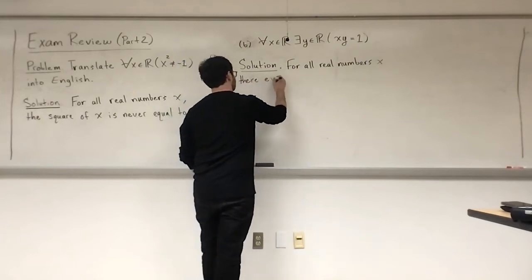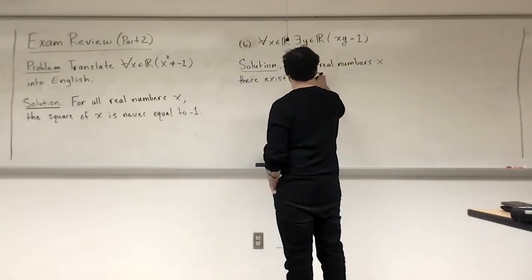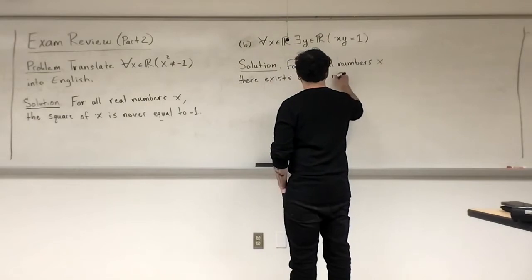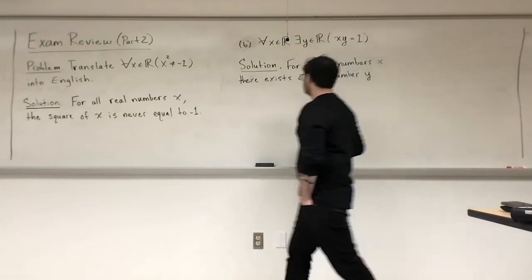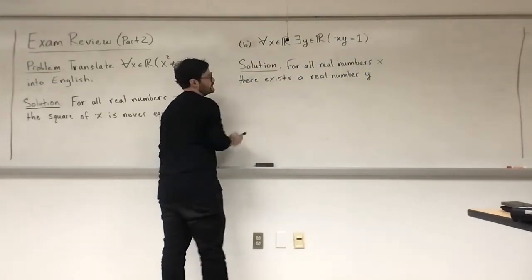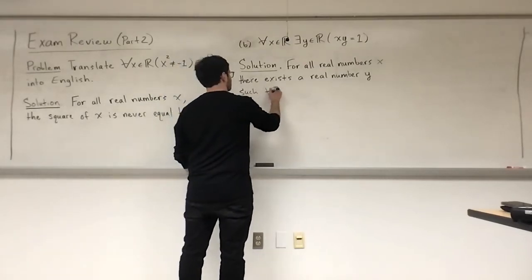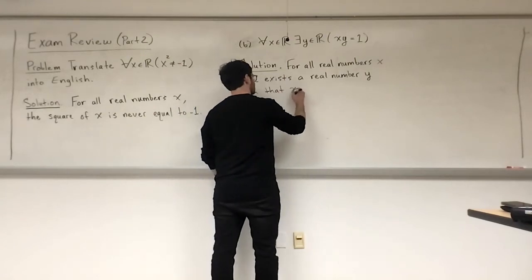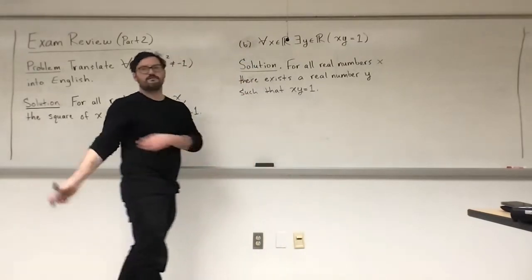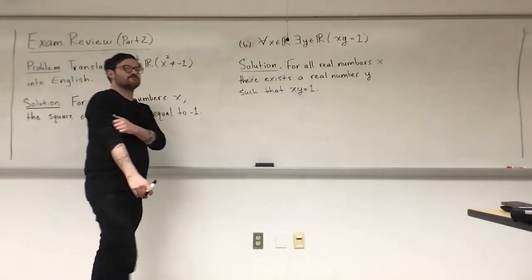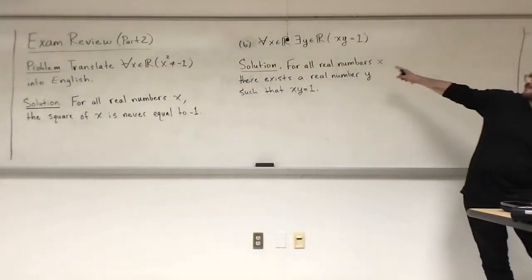There exists a real number y, and then maybe such that. And then the truth value of this is true. Or is it true? Is it false? What is the truth value of that statement?